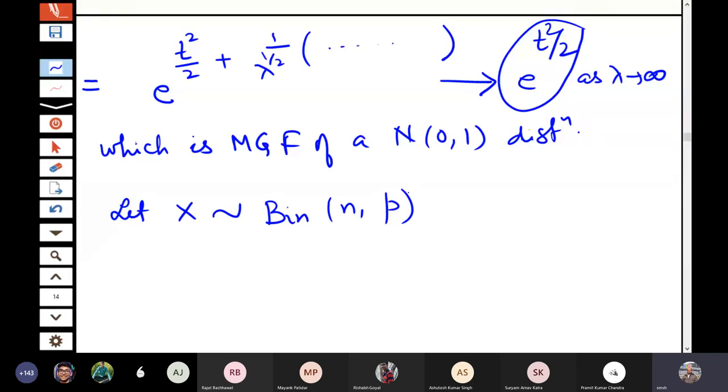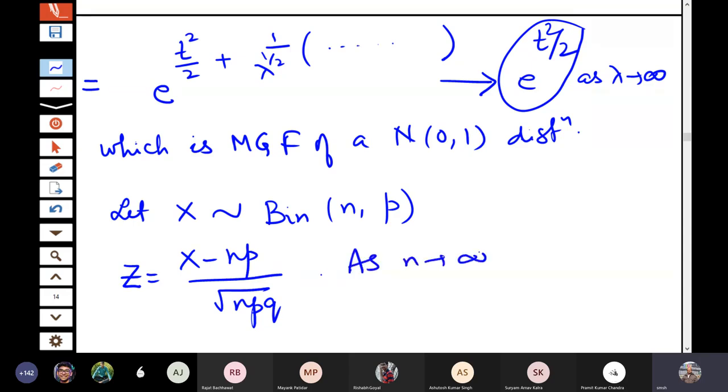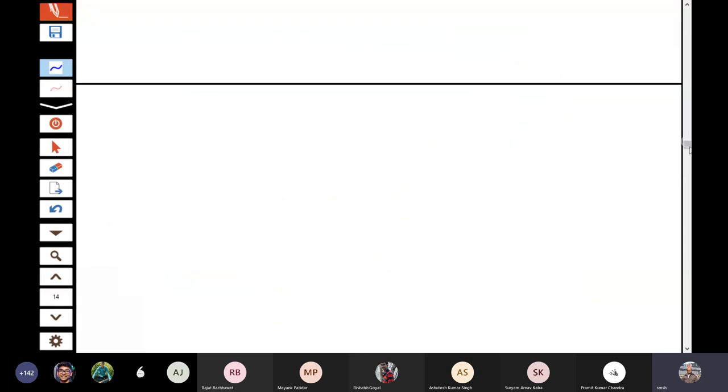So in the binomial distribution, if n becomes too large, and np is also becoming very large, then the binomial distribution also converges to the normal distribution. Let us put z equal to (x minus np) by root npq. As n tends to infinity, the distribution of z converges to normal(0, 1). So this is the second central limit theorem.